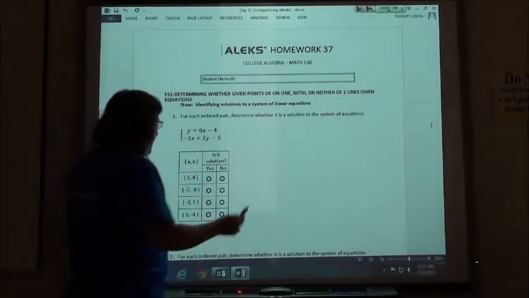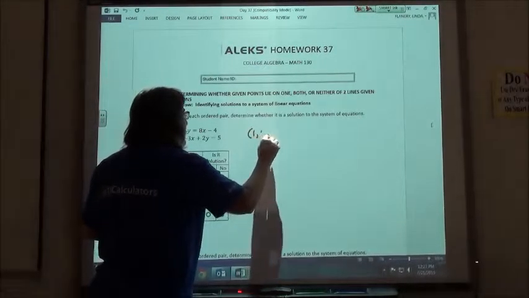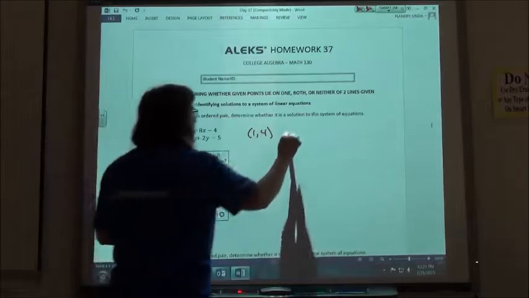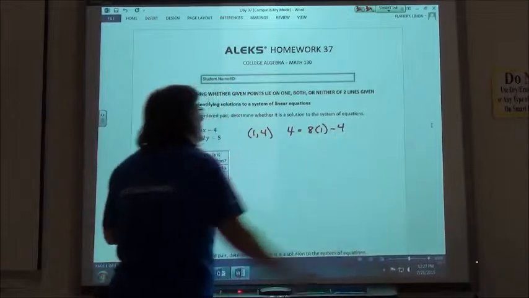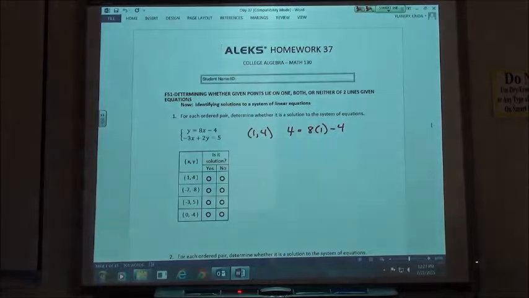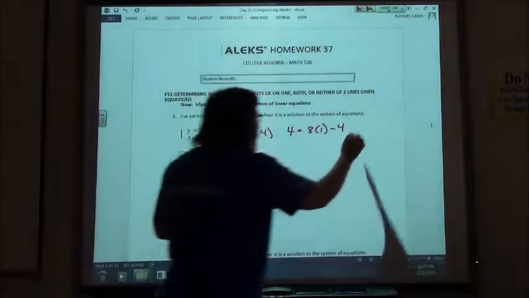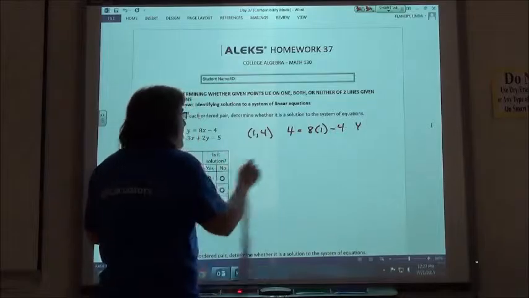So if I do the 1, 4, in my first equation, does 4 equal 8 times 1 minus 4? Yes, it does, right? Then I would check it in my second equation.